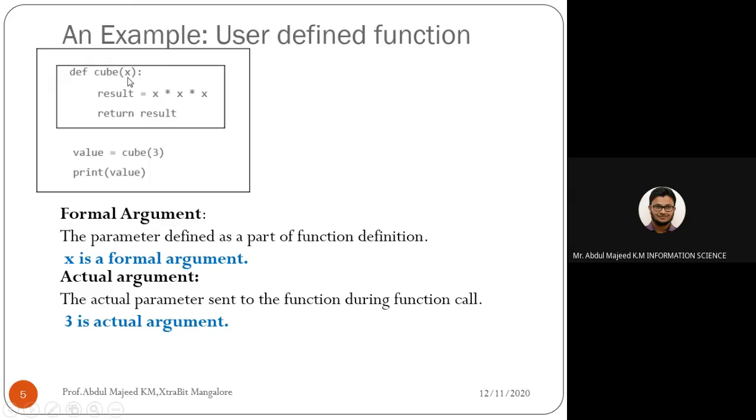In the function definition, within the parentheses we are writing x, so x is known as the formal parameter or formal argument. The formal argument is the parameter defined as part of the function definition. The actual argument is the actual parameter sent to the function during the function call. So 3 is the actual argument.